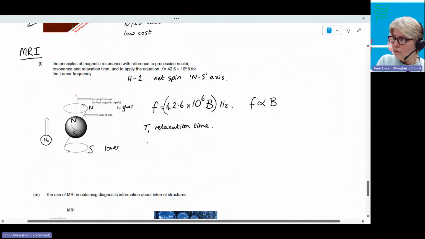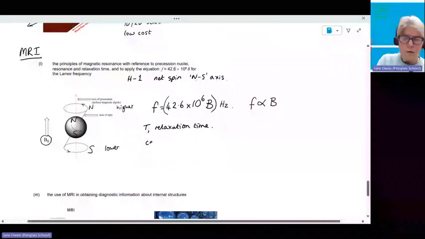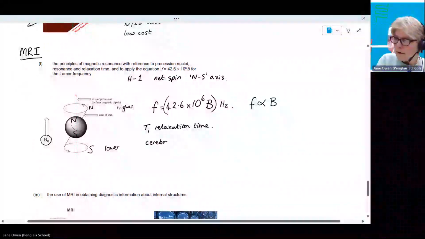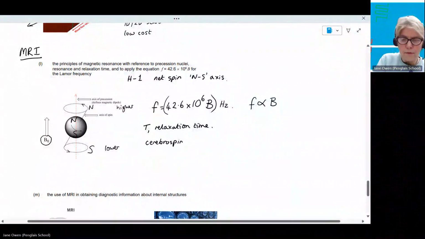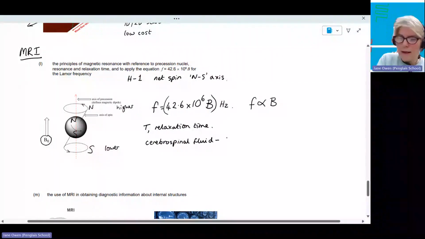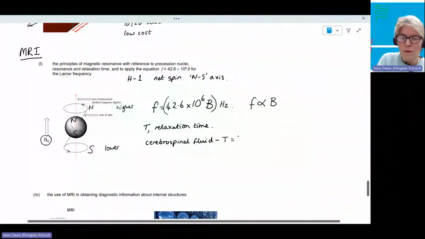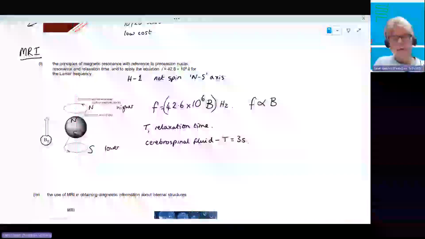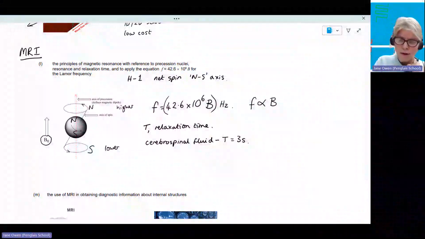So for hydrogen bound in cerebrospinal fluid in the brain, i.e. water in the brain, it's 3 seconds. T equals 3 seconds.